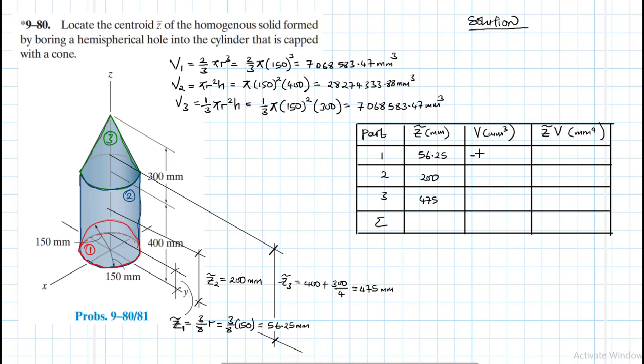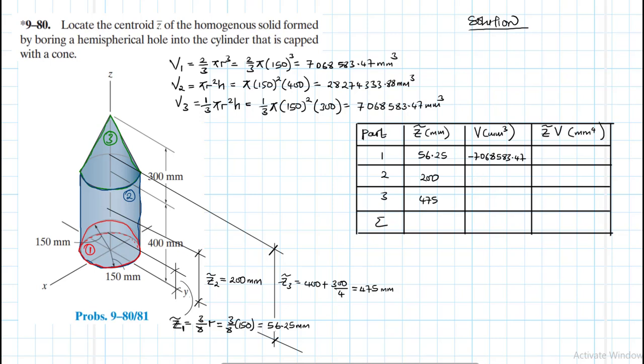So minus, because it's a hole that has been created at the bottom of this cylinder. So 7,068,583.47.